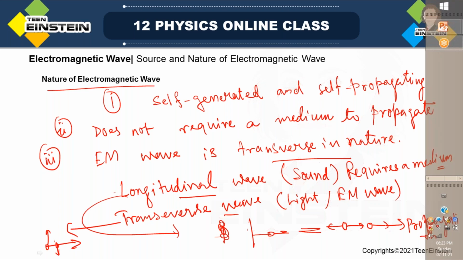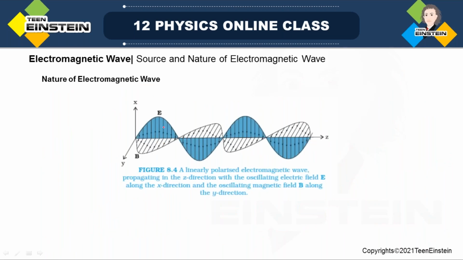Look, this is the typical representation of an electromagnetic wave. This is a transverse wave oscillating along the y direction. So x, y, and z are mutually perpendicular, so the angles are 90 degrees.